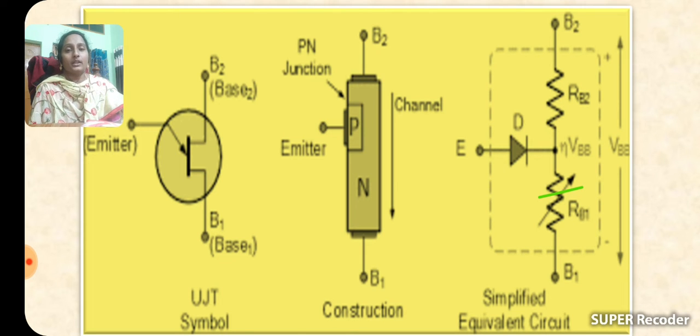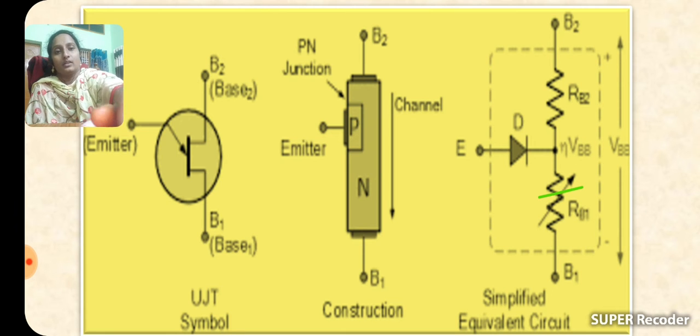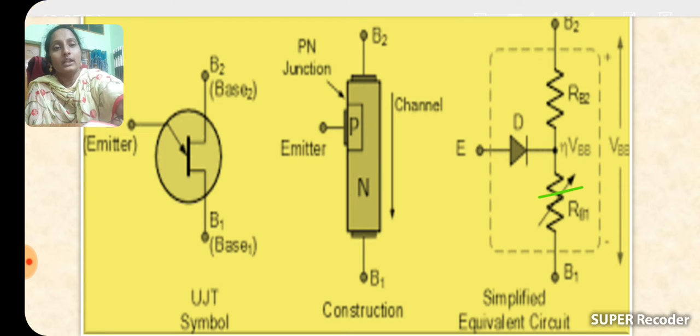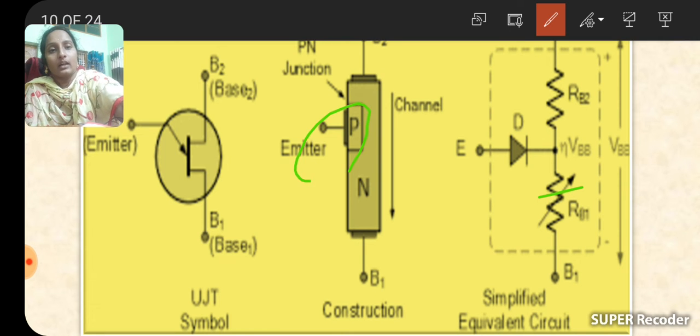In between emitter and base only one junction is formed, the emitter-base junction. So that's why it is called a uni-junction transistor. An emitter is made with a p-type semiconductor and the base is made with an n-type semiconductor.